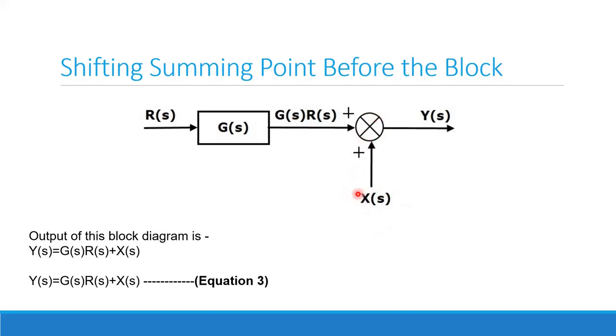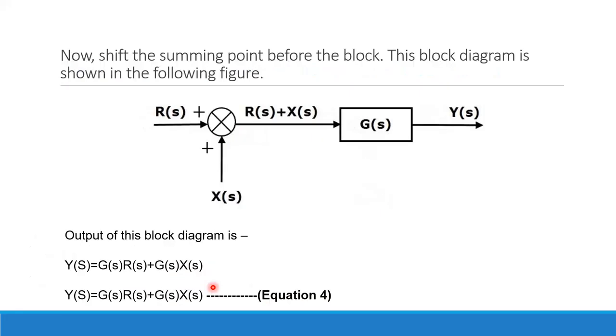Then we have another input, the reference input for the summing point, that is X of S, and you know that after the summing point there is a summation of these two inputs. Therefore G of S R of S plus X of S is your Y of S, that is your output. So your output is G of S R of S plus X of S. Now remember this is equation number 3.